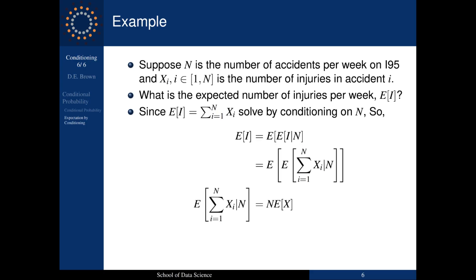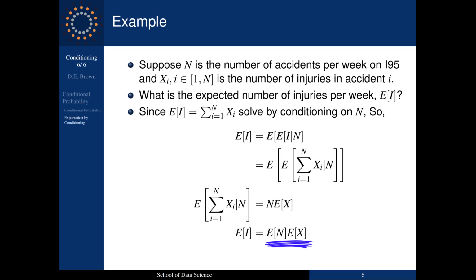Once we have that, we can easily see that we take the expectation operator through that sum, and that means we just have n times the expected number of injuries in an accident. So our final solution is to take that and take the expectation of it, which means the expectation of n.